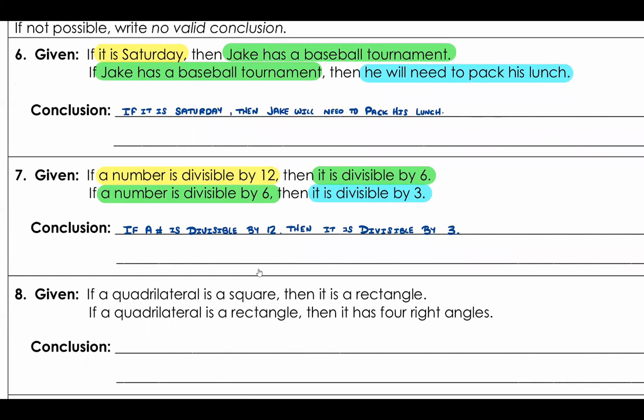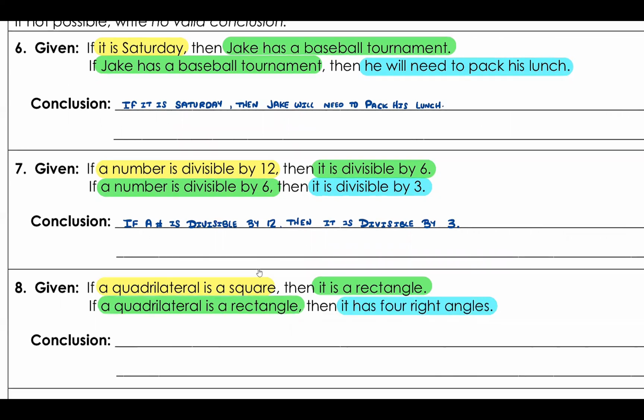Look at number 3. If a quadrilateral is a square, then it's a rectangle. If a quadrilateral is a rectangle, then it has 4 right angles. What's our initial hypothesis? A quad is a square. Then it is a rectangle. What's my next hypothesis? A quad is a rectangle. What's my final conclusion? It has 4 right angles. So what's my conclusion?